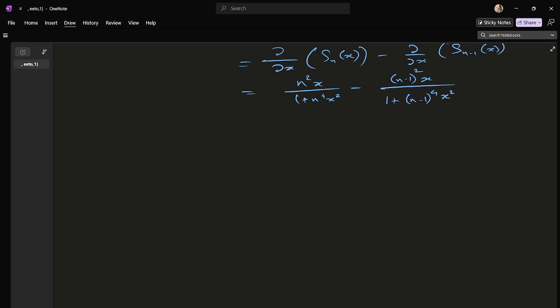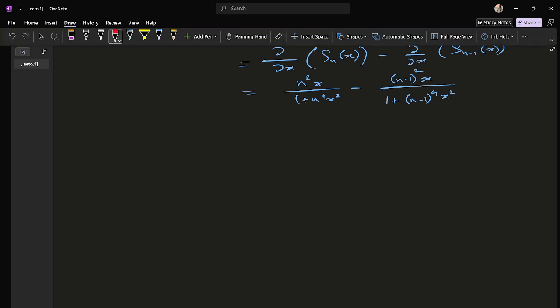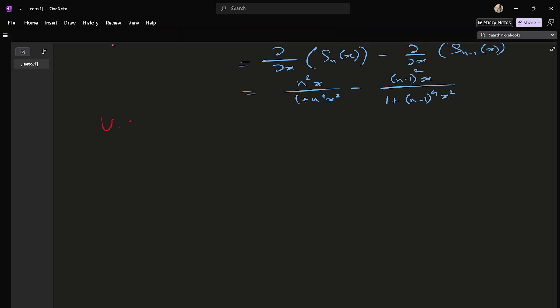So now we have to check the uniform convergence of summation n equals 1 to infinity of u_n dash x.